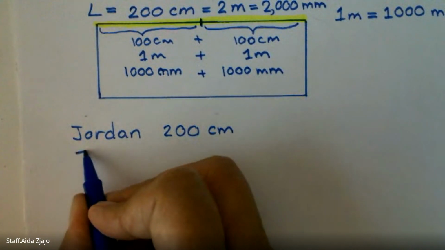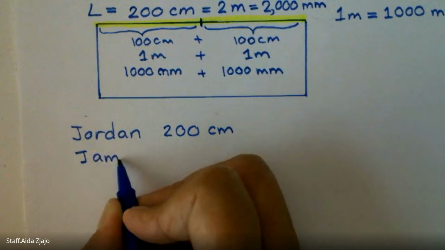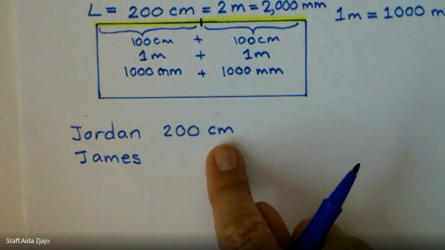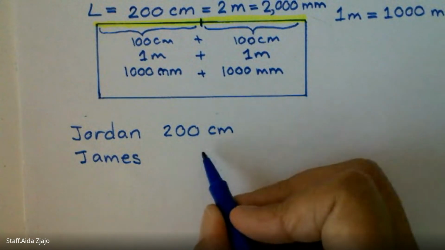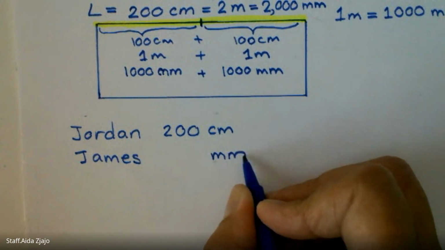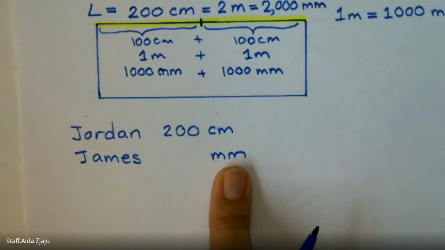So James is what we don't know, but we know that millimeters, we need to know what is this in millimeters. 200, what is in millimeters?